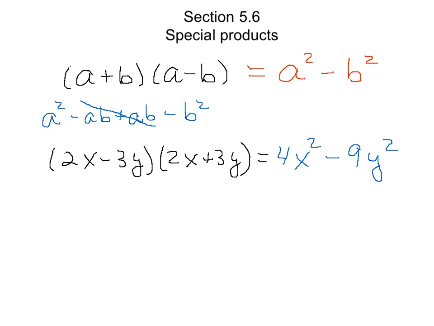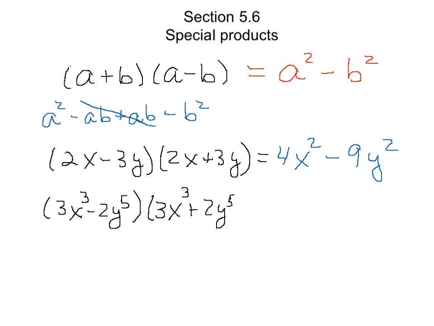So let's get my black back. And let's suppose we have 3x cubed minus 2y to the fifth times 3x cubed plus 2y to the fifth. Okay, so what's it going to be? First term squared.